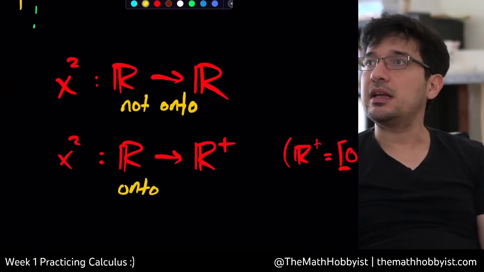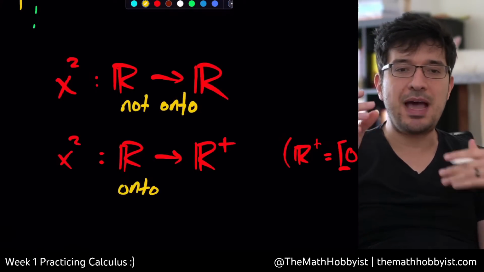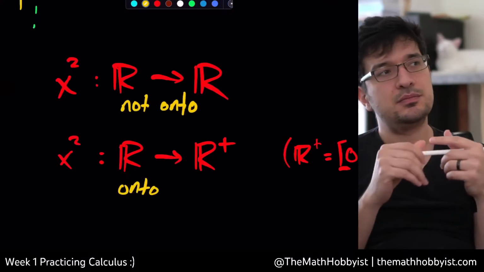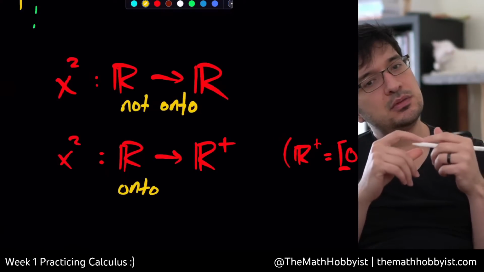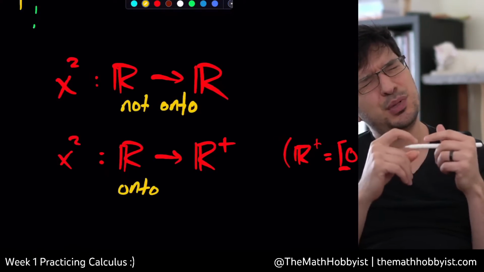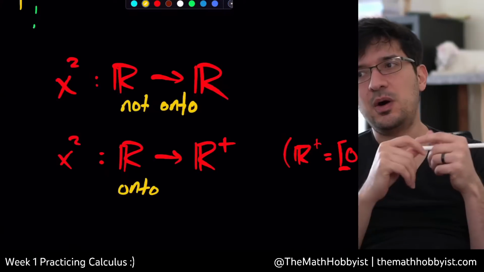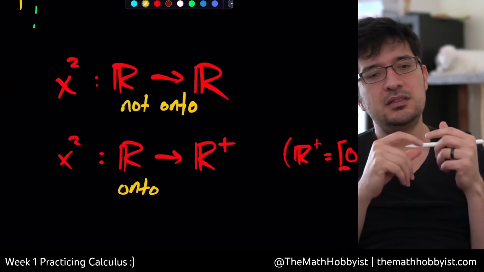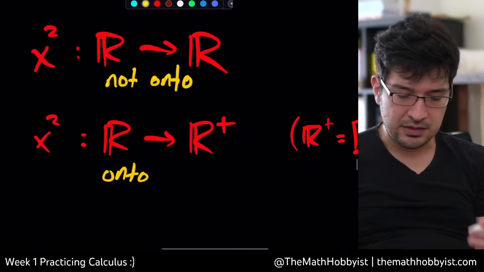A function that is onto means every value is put onto, there's an arrow onto every value in the second world.